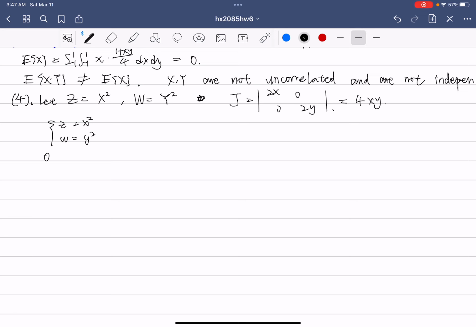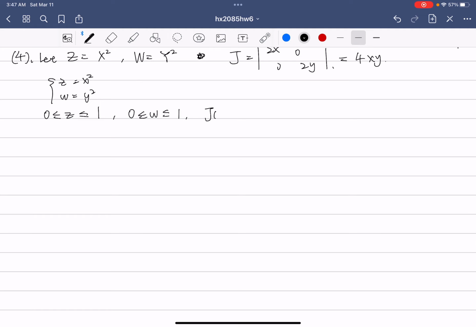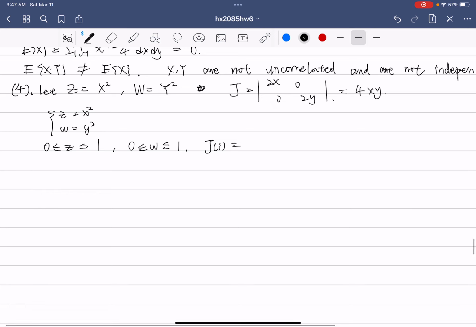When z is larger than or equal to 0 and less than or equal to 1, and the same for w, we get our Jacobian equal to 4 times root z w.